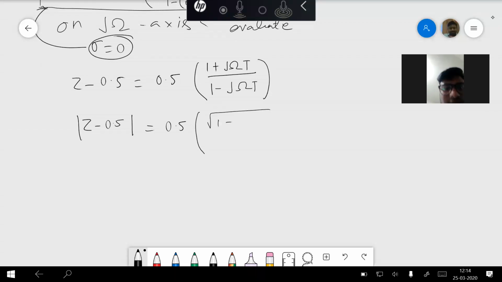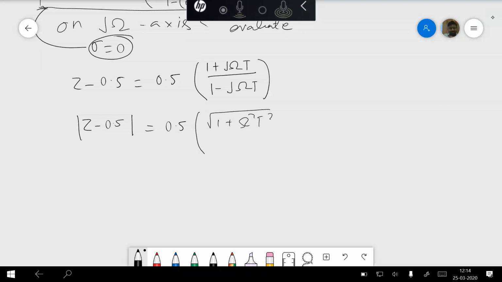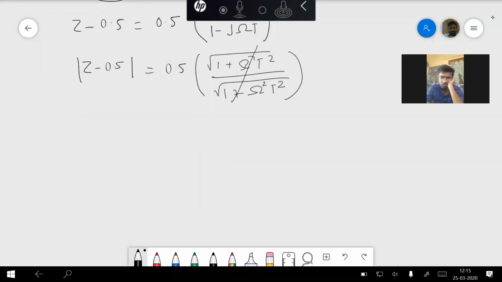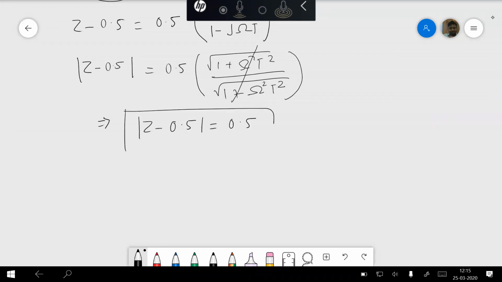So it is the square root of 1 plus omega squared T squared, divided by again the square root of 1 plus omega squared T squared. So these two will get cancelled, and I am going to get the magnitude of z minus 0.5 equal to 0.5. Let this be equation number B.